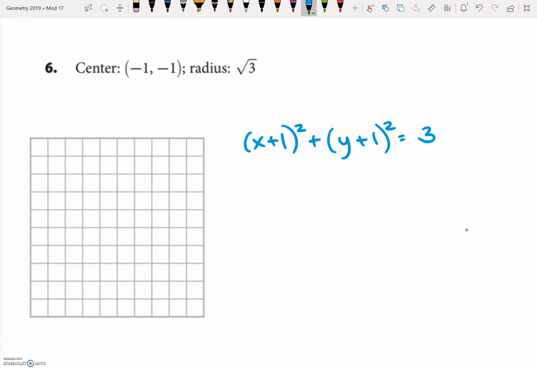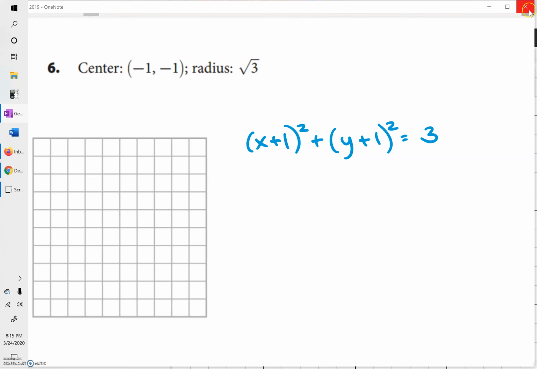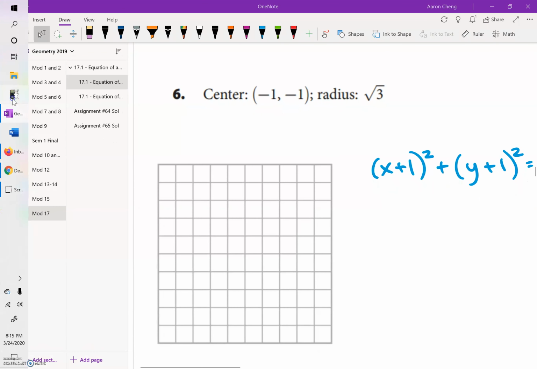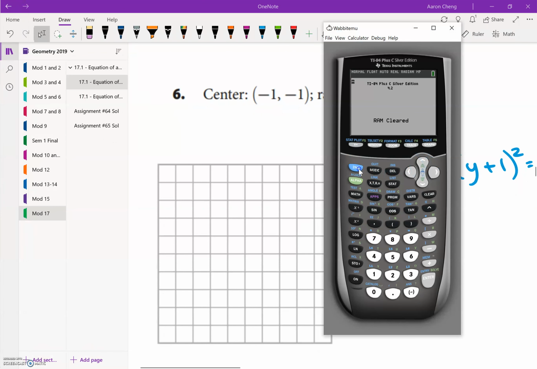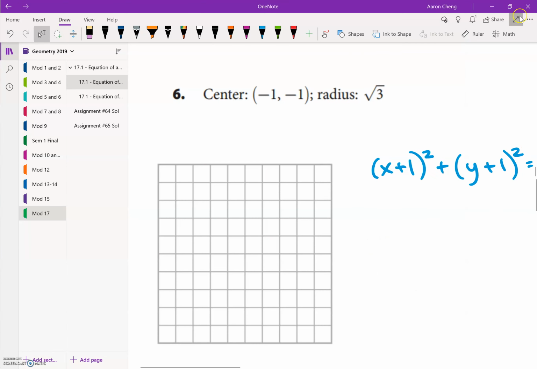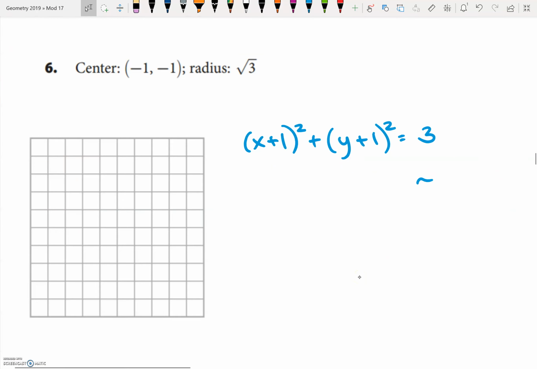Now, the radius of square root 3 is kind of annoying, so I'm going to need to go to my calculator and figure out what the square root of 3 is, because graphing that isn't really a graphable thing. So square root of 3 is 1.7, okay, so approximately 1.73 is our radius.